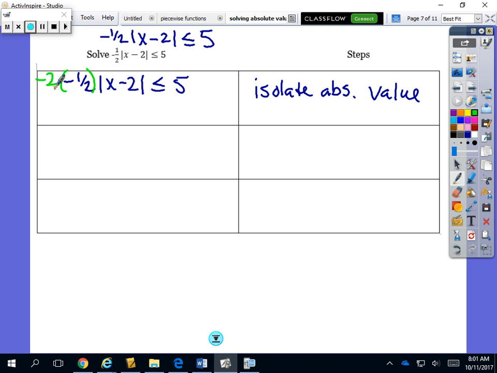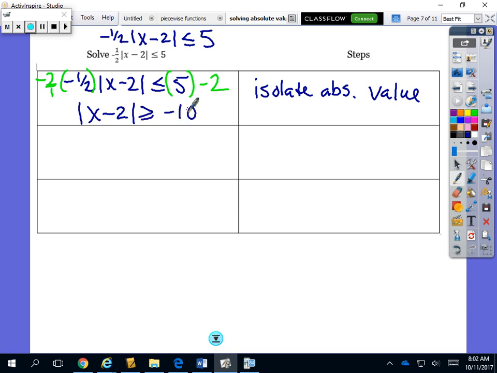And remember, the reciprocal of negative 1/2 would be negative 2 over 1. So I don't need to really put the 1. You can if you want. And then on this side, it's times negative 2. Okay, so now this equals 1 when I multiply it all out. So I have absolute value of x minus 2. Remember, this flipped because I multiplied by a negative, so greater than or equal to negative 10.